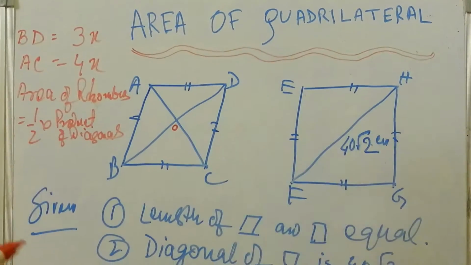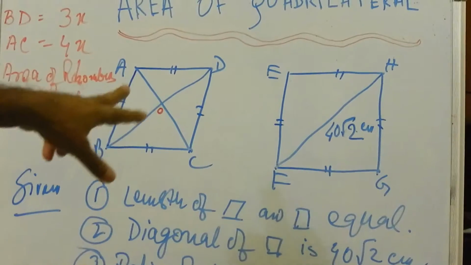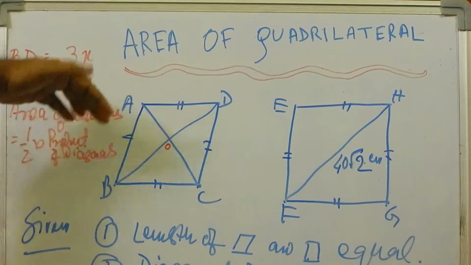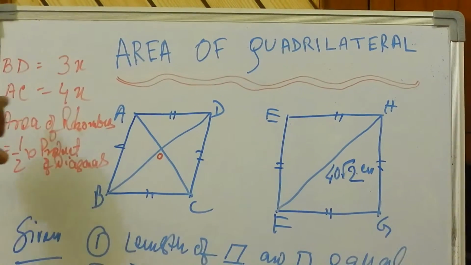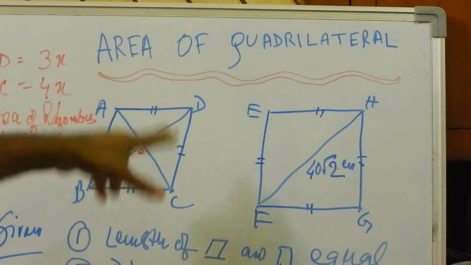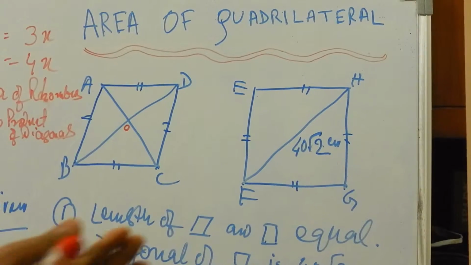So the two diagonals are given indirectly, their ratios are given, and we have taken them as 3x and 4x, so that if we find the value of x, we can easily find the lengths of the diagonals and put them in that equation to find the area of the rhombus.